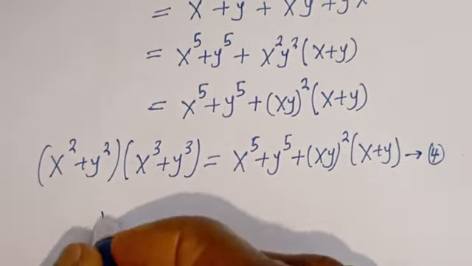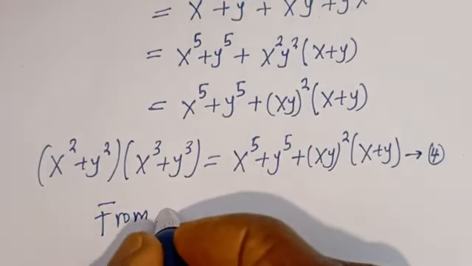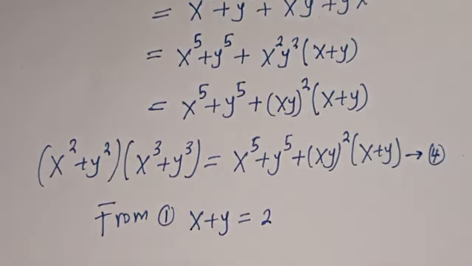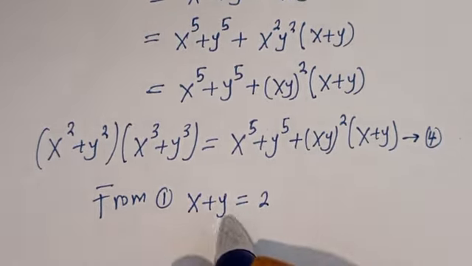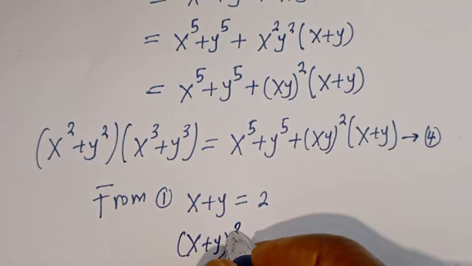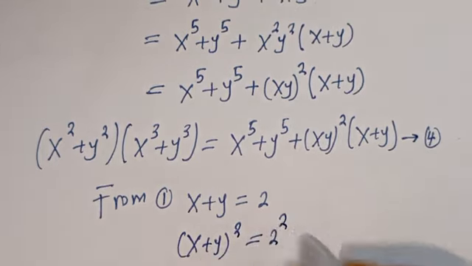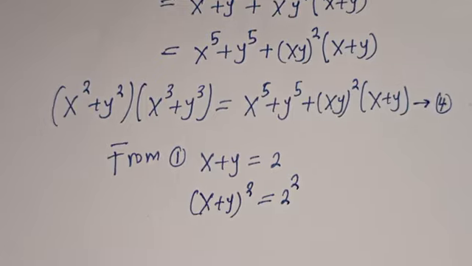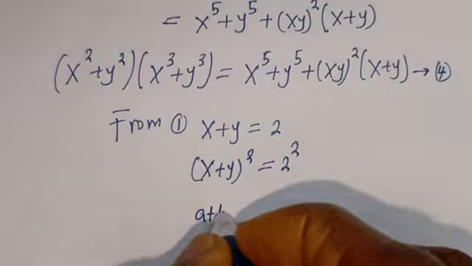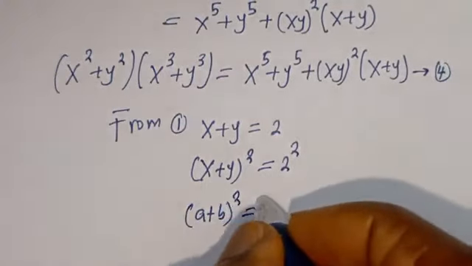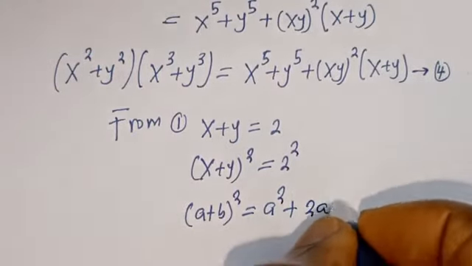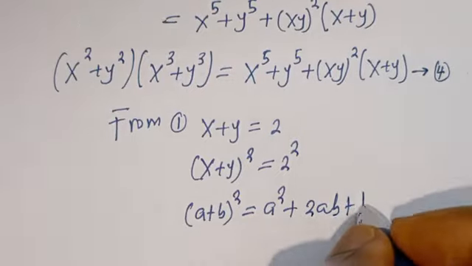From equation 1, x plus y is equal to 2. Then let's square both sides of this equation. x plus y all square is equal to 2 square. Then if you have a plus b all square, this is equal to a square plus 2ab plus b square.